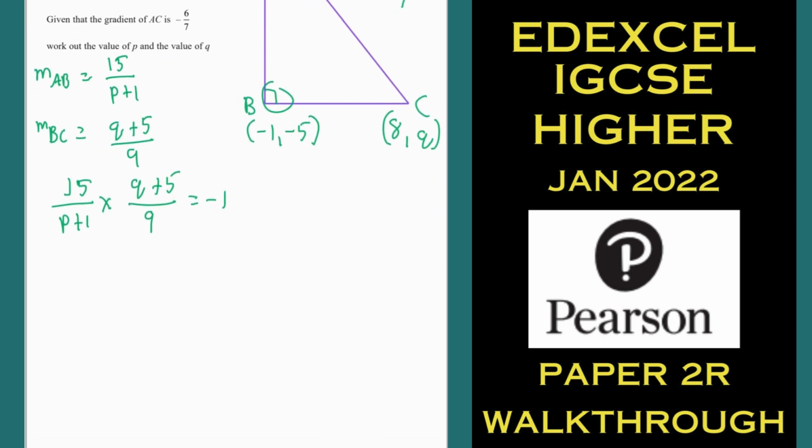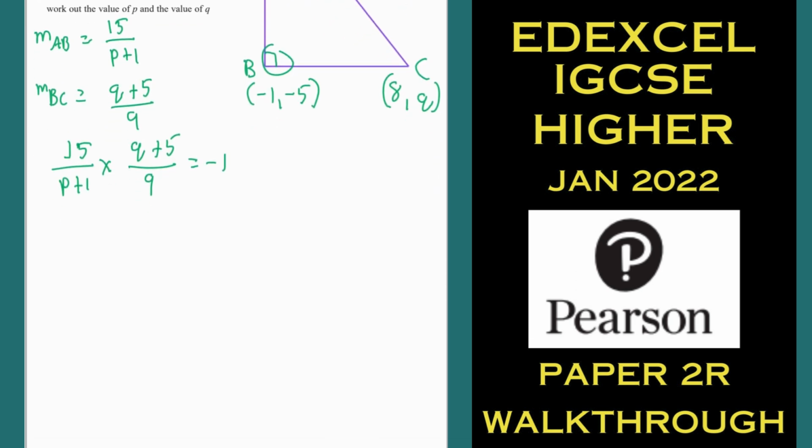So now I will scroll back up. Let's tidy this up so it looks like a proper equation. I'm going to multiply both sides by 9 and then by P plus 1. So -9 times P -9 times plus 1. And here 15 times Q plus 5.